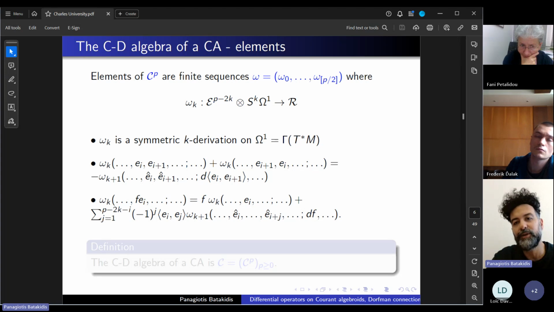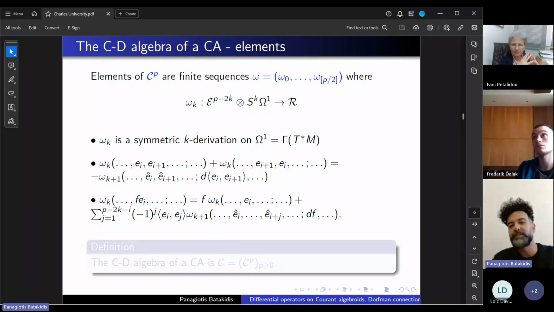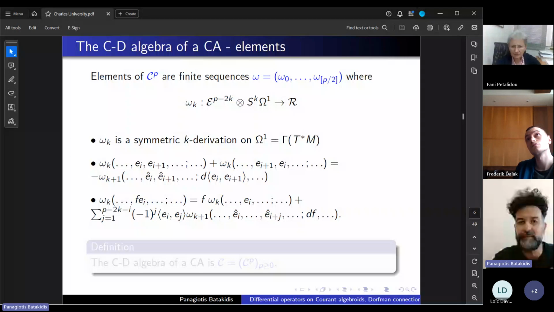Usually, when you want to define a first order operator, you feed a function to some slot, like e_i, and then you take the difference of whatever this is, and if this is linear, then you call this omega_k a first order differential operator. So the third condition, what it means for me is that omega_k is a first order differential operator on the entries from E.